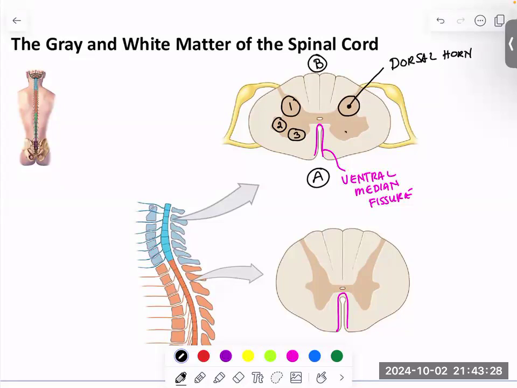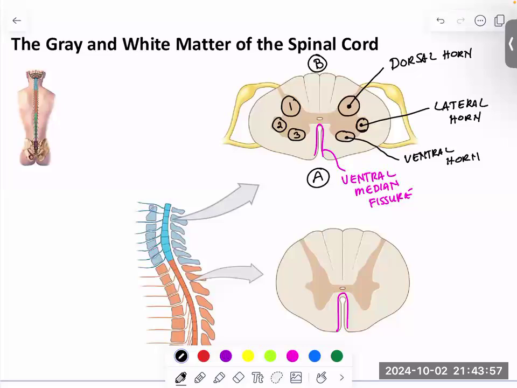Number 3 is on the ventral side. What is that called? The ventral horn. Who wants to take a crack at it? What is number 2 called? Lateral horn. Those are the 3 distinct regions of the gray matter.